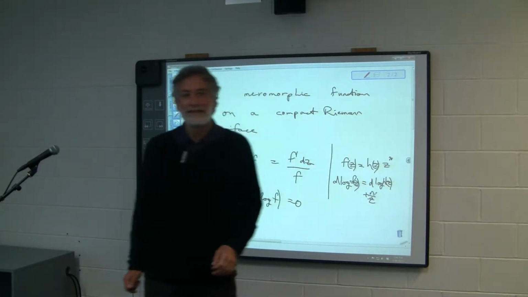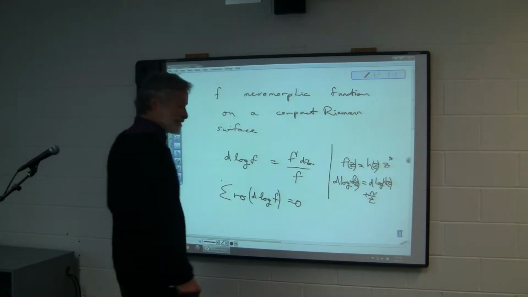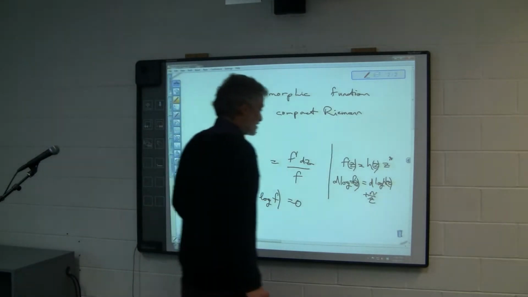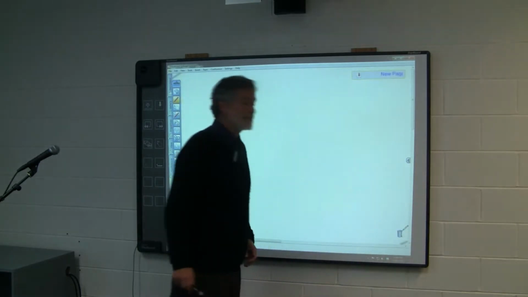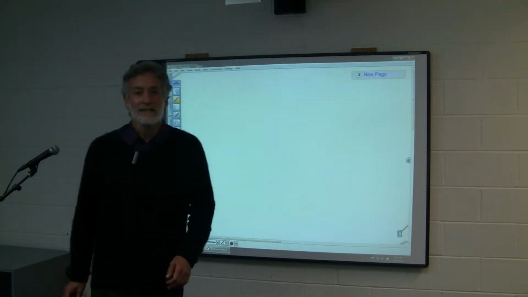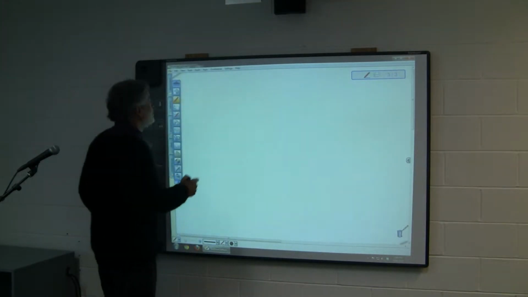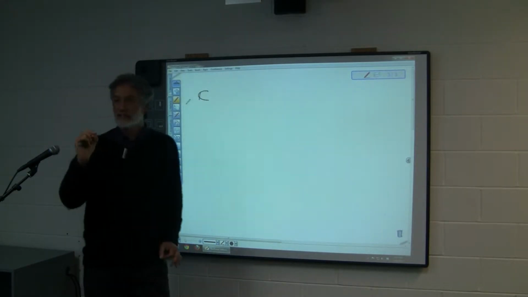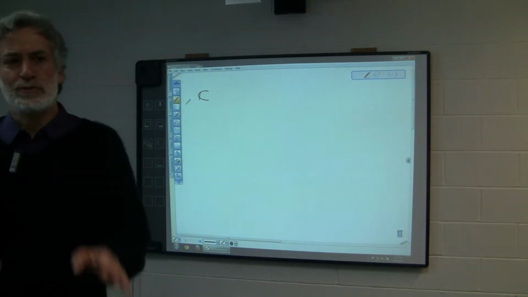So for the Riemann sphere, this actually almost tells the whole story. Remember, the Riemann sphere is very simple. You take C, one-dimensional complex space, the complex line, which we understand.